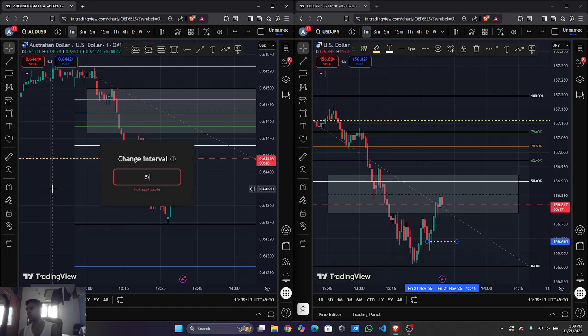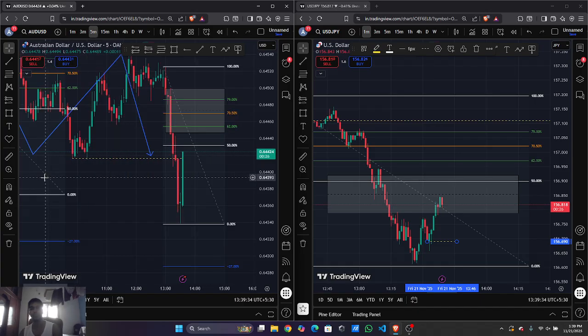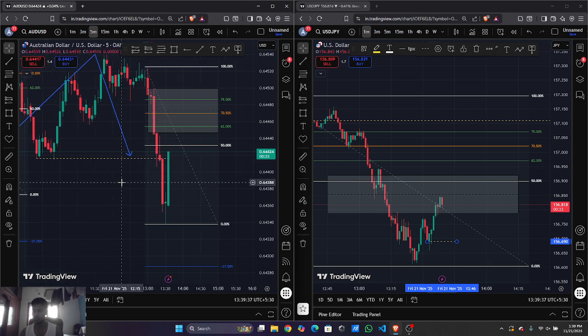And AUD, okay, almost. Gold can continue for the downside, but we got stopped out, so we still have two pairs to trade, no worries.